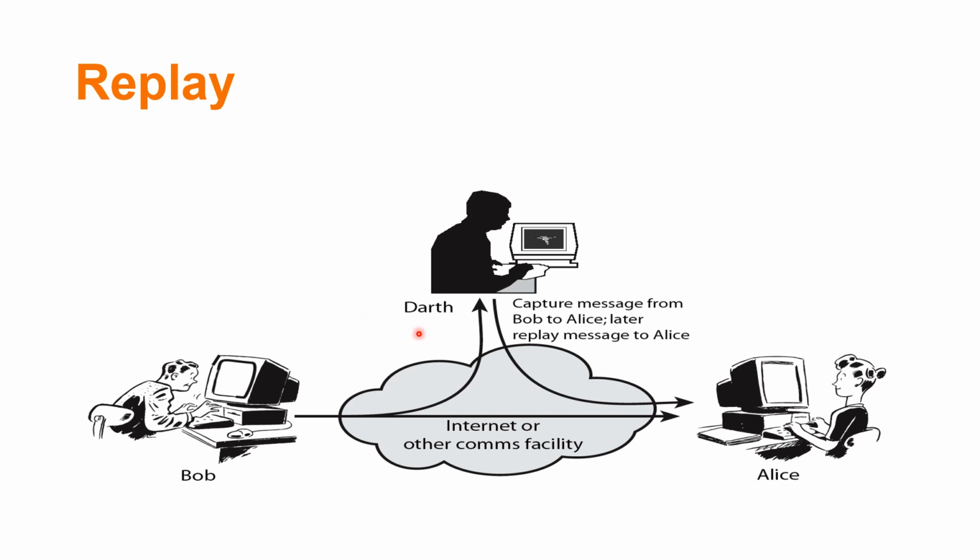Say the third person captures that message and replays it after one or two days. So instead of denying the privileges for that employee from today, since Alice gets the message after two days, she will deny the privileges after two days. Meanwhile, there is a possibility that the employee could mislead or misuse information owned by that organization.